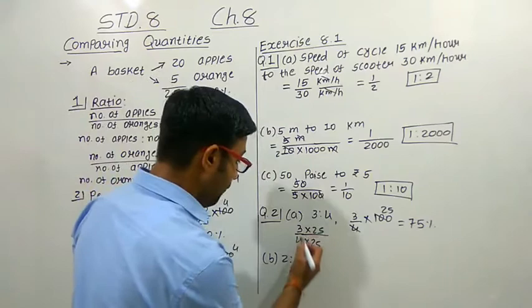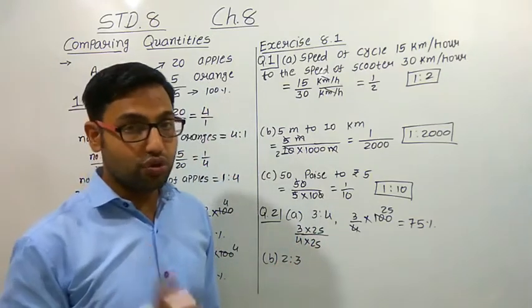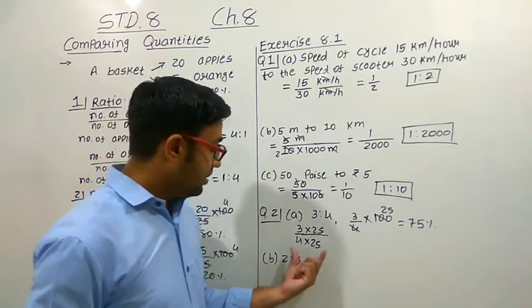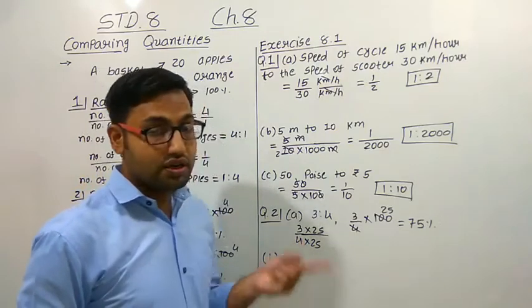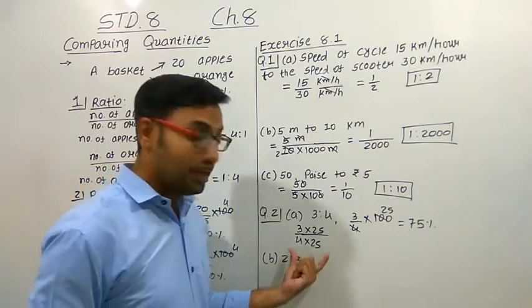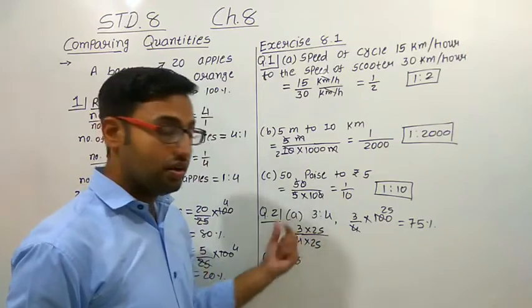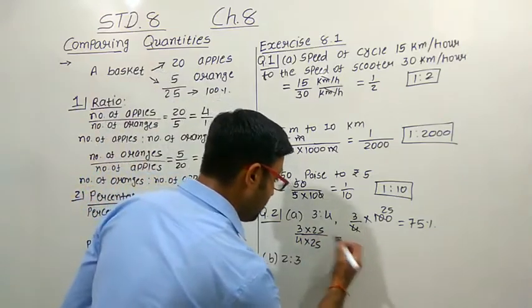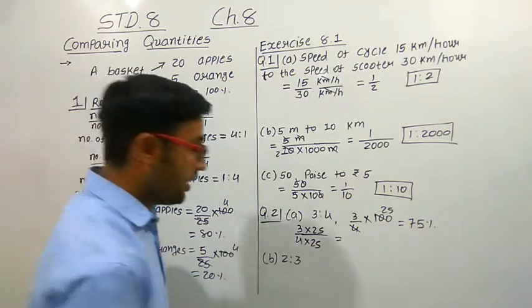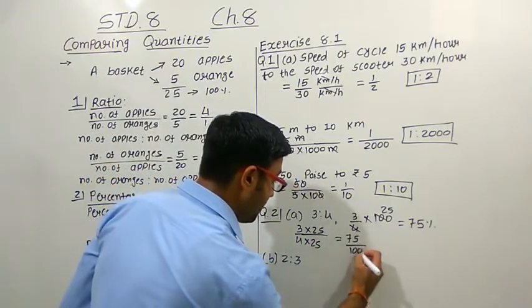So 3 is to 4, that means 3 upon 4. We have to make the denominator equal to 100. But the condition is that the denominator must be a factor of 100. Then only we can make it 100. But the same digit we have to multiply in the numerator. So 25 3s are 75, and in the denominator there is 100.